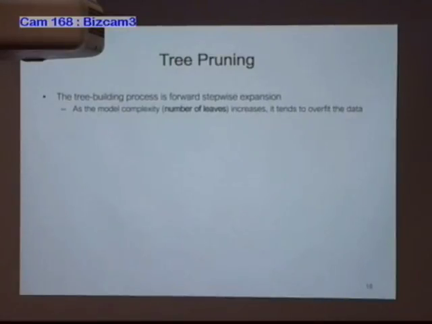And to the extreme, if we build a massive tree, everybody is in a leaf, then we have 0 in sample error, but out of sample, that's going to be bad, right? So we have to control the tree. And in these trees, the major flexibility is how bushy is the tree, how many leaves are there, right? A tree with 3 leaves versus a tree with 300 leaves, they're different. So we want to control this number of leaves.